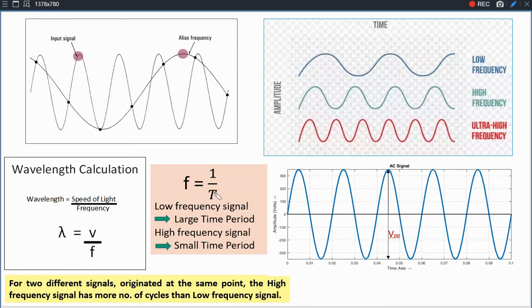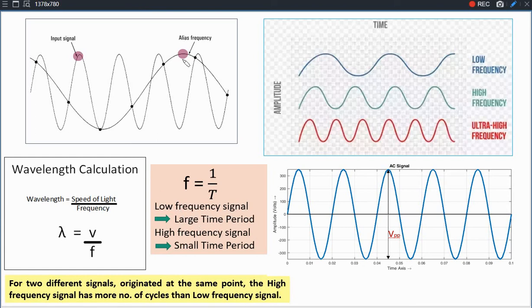F is equal to 1 by T. Since frequency is reciprocal to time period, if the magnitude of frequency is lower, then the time period will be larger. So a low frequency signal has a larger time period.